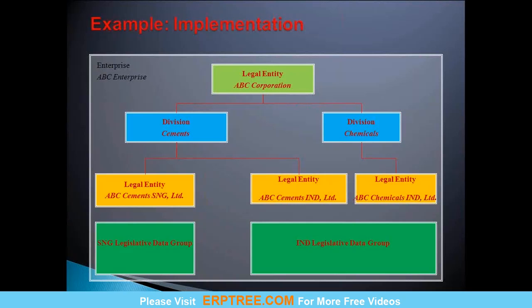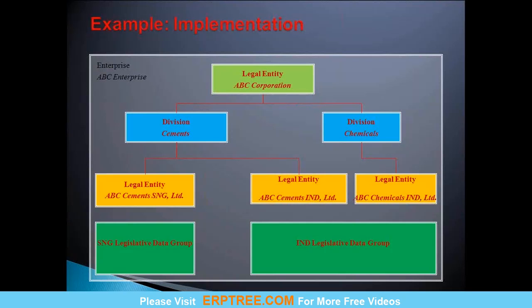For example, here there is an ABC enterprise, which has an ultimate holding company on the top, which is ABC Corporation, on whose name the entire business grows. Let us say it is a global company, and they may have two different products. They have cement operations and chemicals operations.